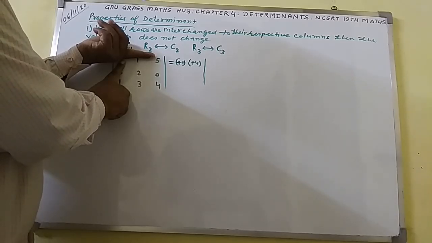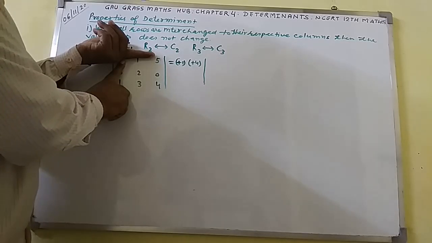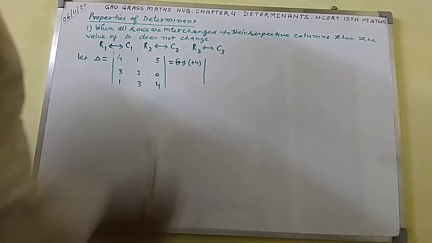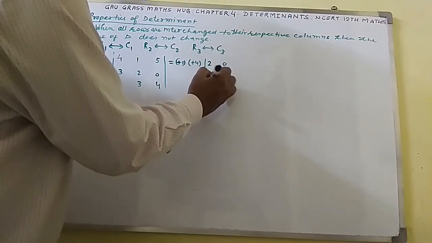You will get the minor of 4 with elements 2, 0, 3, 4. So here write 2, 0, 3, 4.